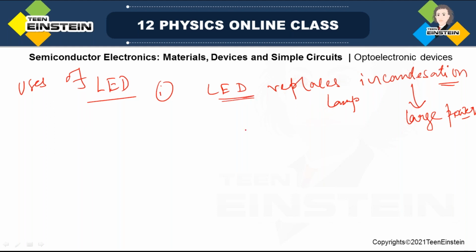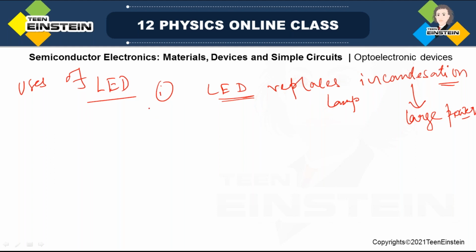To reduce power consumption, people use LED. LEDs can be of various colors like red. Basically, red LEDs are used in many switches to see whether there is presence of electricity or not in various boards. So LEDs are used in many places.